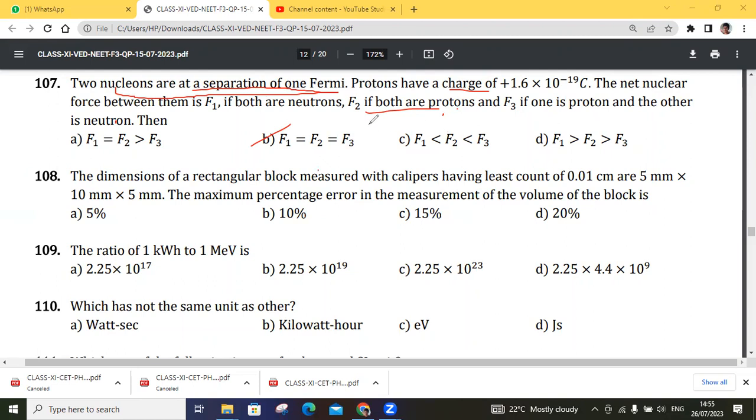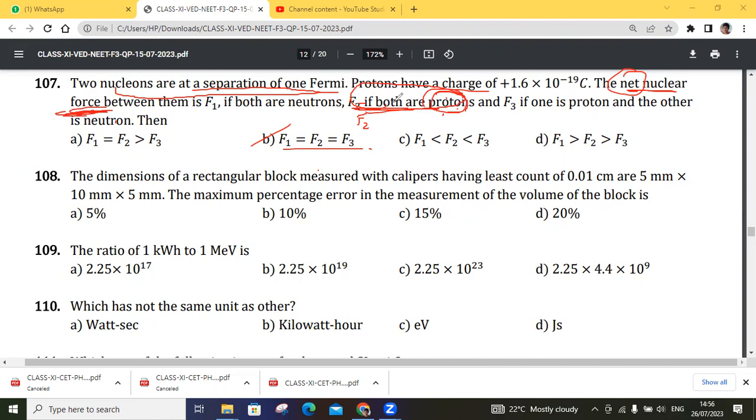If one more option had been there, then in F2 you see there are protons. This nuclear force is attractive, which holds the nucleons, that is protons and neutrons, together. But the electrostatic force will be repulsive in this case. If you speak about nuclear force only, then they will be equal.